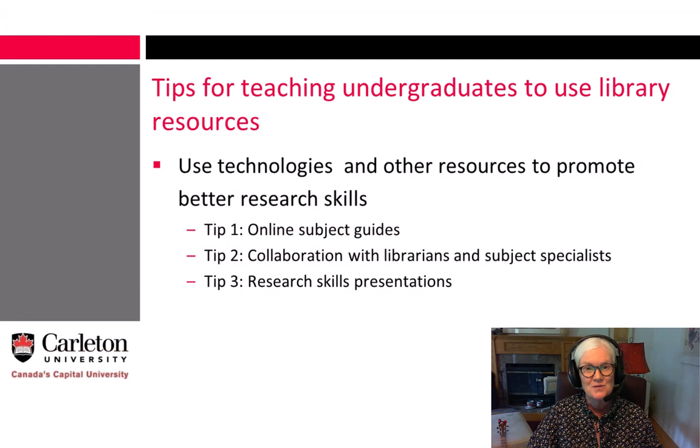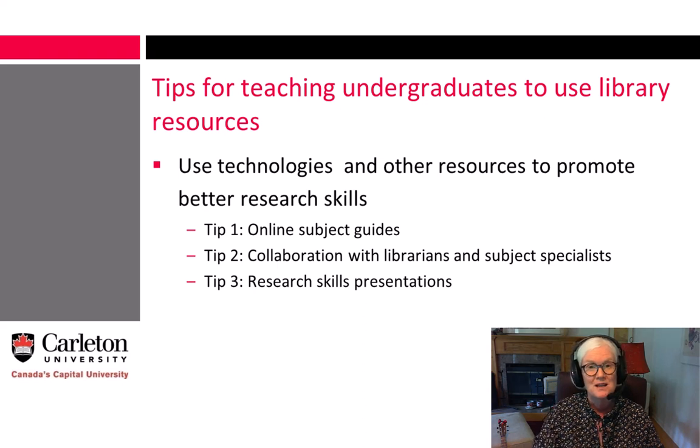The purpose of this video is to provide teaching assistants with support in teaching undergraduate students how to use library resources in their academic work. I will present 3 tips on how to use library technology and other resources to promote better undergraduate research. Tip 1. Use online subject guides accessed via the library website.